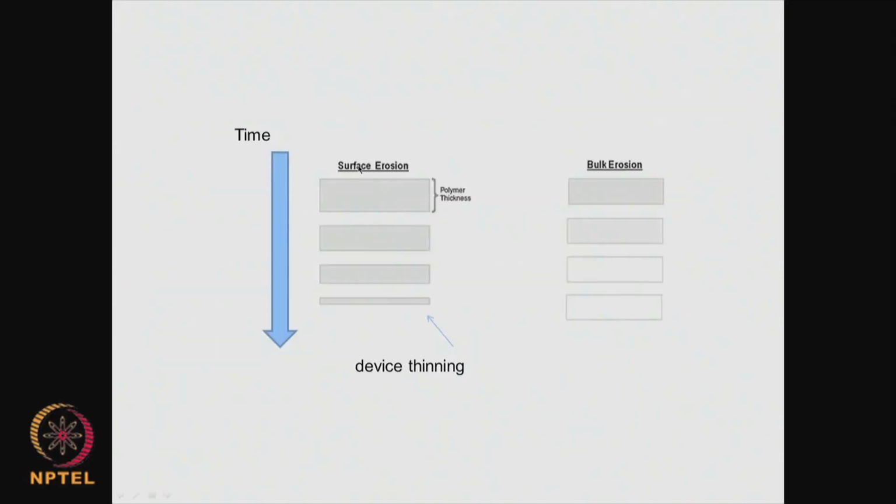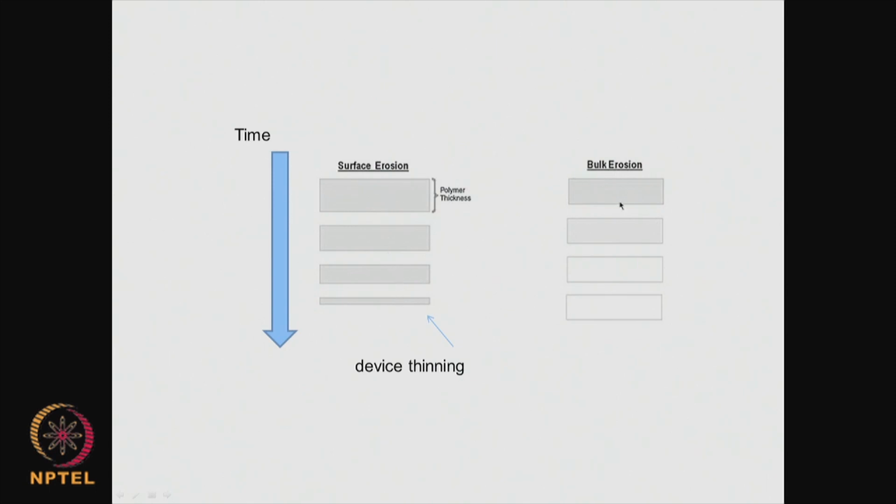So if you have a surface erosion situation, the material may be becoming thinner with time, whereas in bulk erosion the material may be getting lost inside, you may start forming pores inside, the material may be crumbling, breaking into pieces. All these can happen in bulk erosion, whereas in surface erosion the material will be uniformly getting thinner.